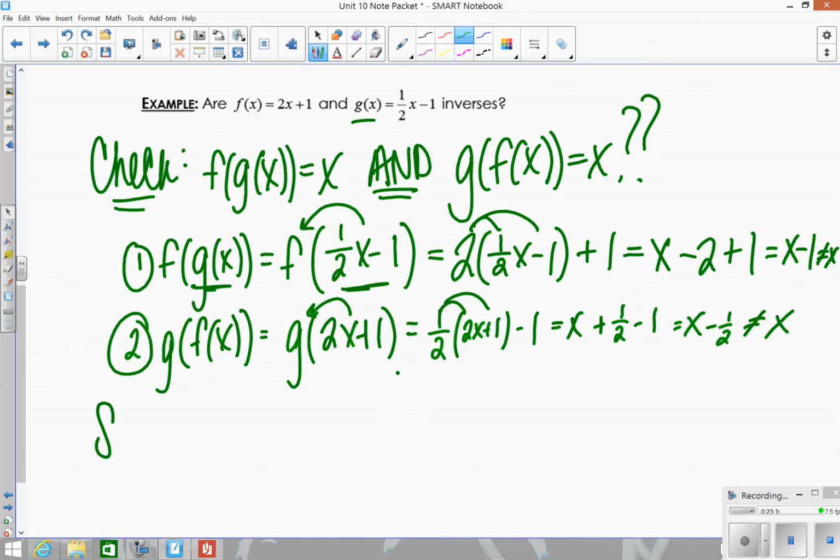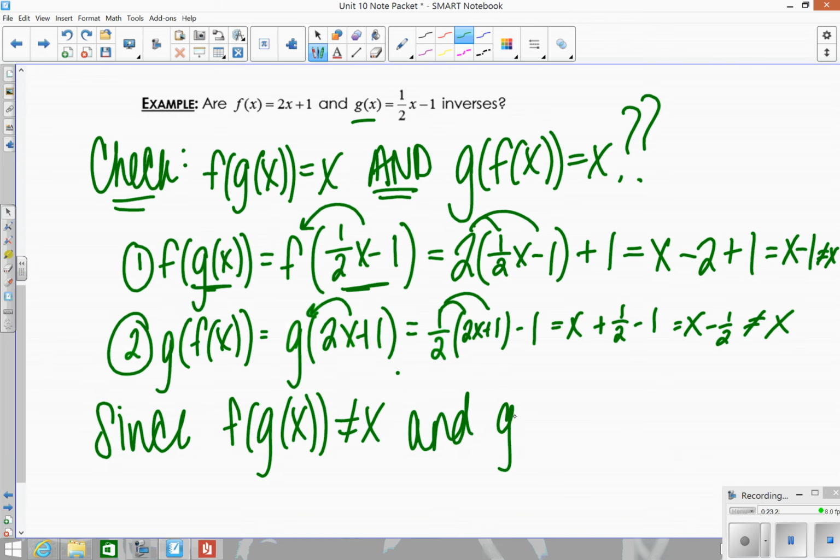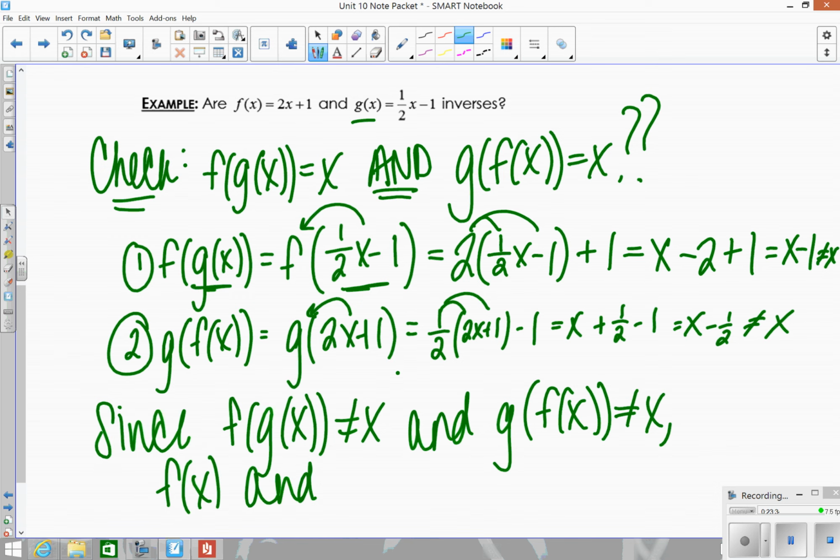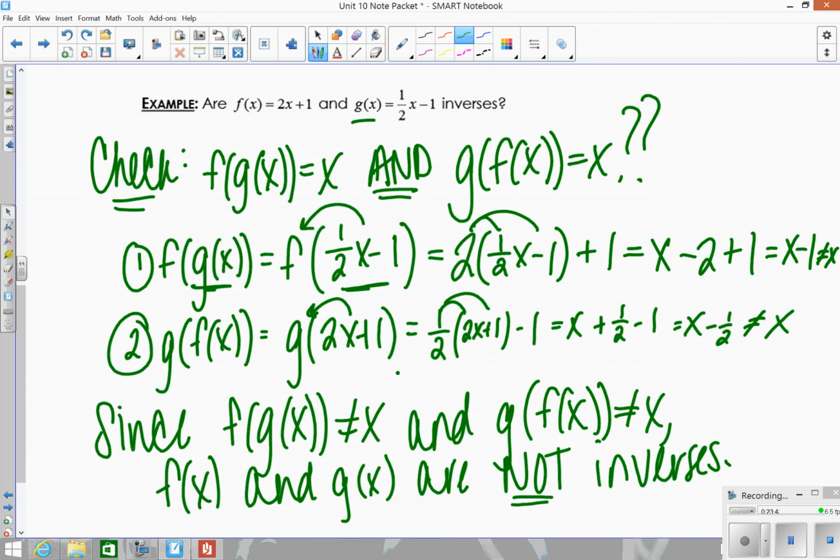So then we can say, since f of g of x does not equal x, and g of f of x does not equal x, f of x and g of x are not inverses. So that's the conclusion we can make.